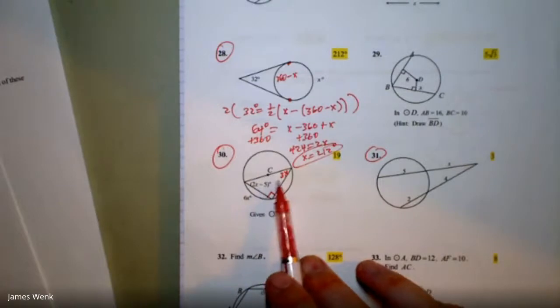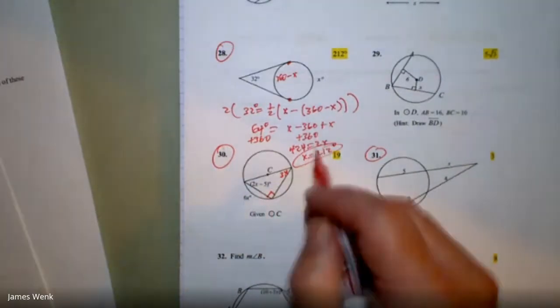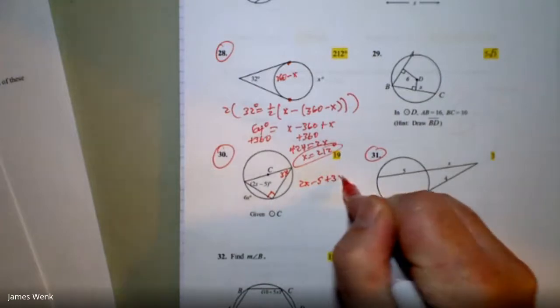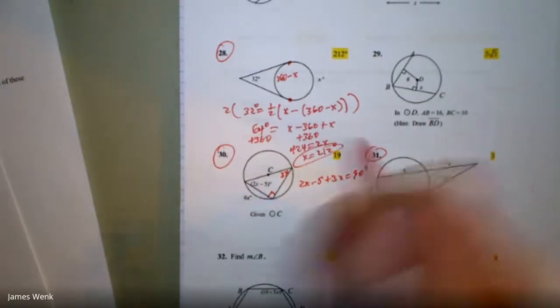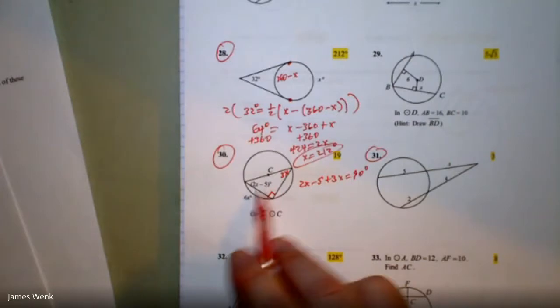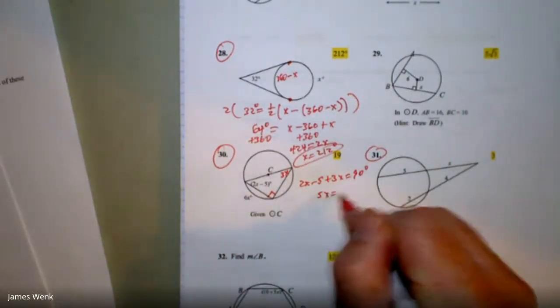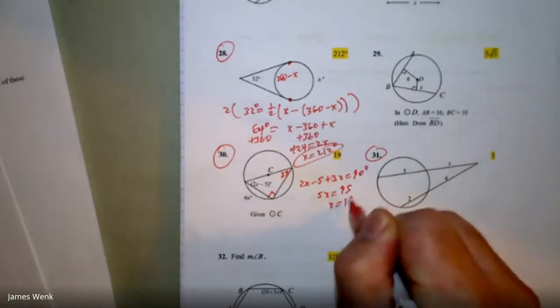So I could say that these two have to be complementary. 2x minus 5 plus 3x has to add up to 90. You could say all three of these have to be 180 since a 180-degree rule, but I'm going to do this instead. 5x equals 95, x equals 19. And yep, x equals 19.